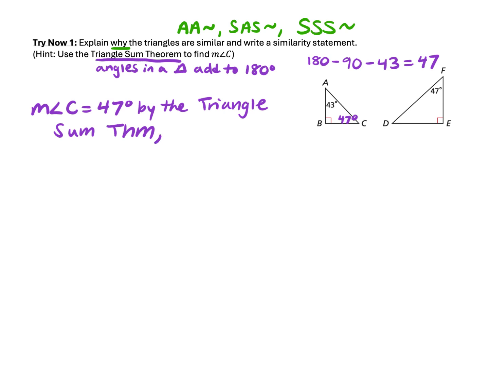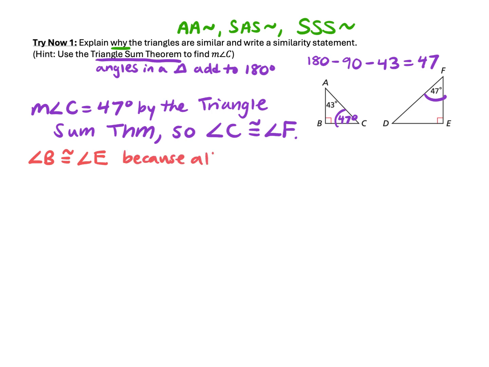And since angle C is 47 degrees and angle F is also 47 degrees, we know that angle C is congruent to angle F. Next up, there's a second set of congruent angles because angle B and angle E are both right angles. So angle B is congruent to angle E, and the reason is because all right angles are congruent.